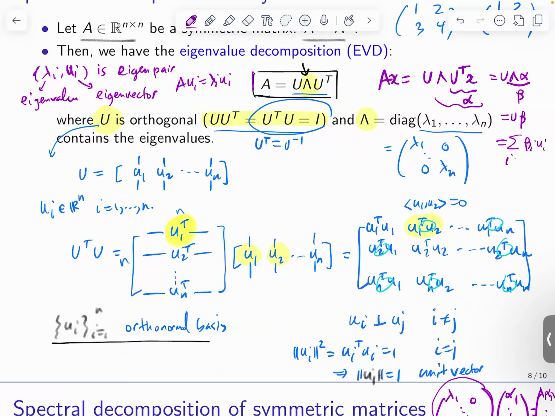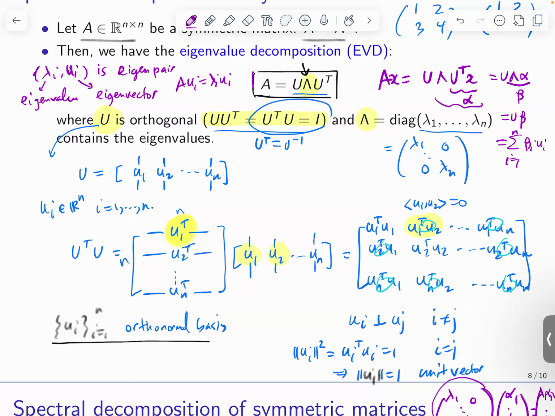Okay. So linear algebra is nice because a single identity has a lot of information. If you understand it geometrically, when you multiply A by X, you first translate X to the basis described by the orthonormal basis of the eigenvectors.